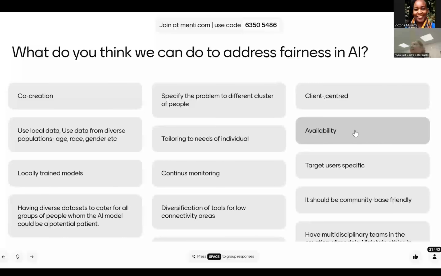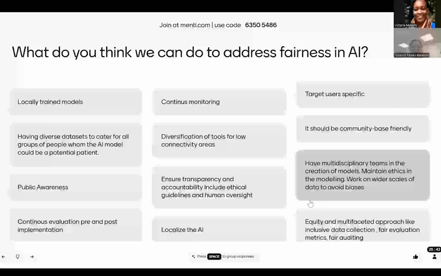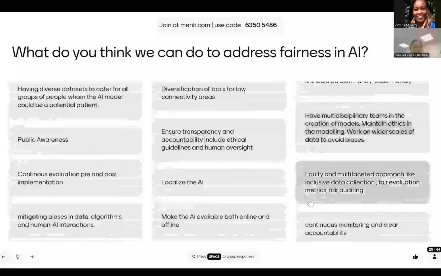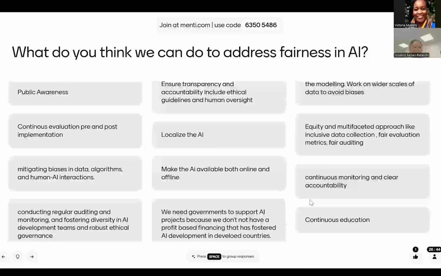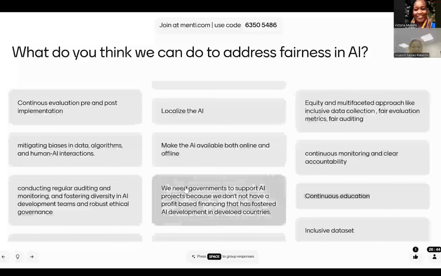I think probably availability of the tools. Responding to needs of the individual, specify the problem for different clusters of people. These are all excellent. Public awareness, transparency, localizing the AI, multidisciplinary teams, ethics in the modeling, continuous modeling and clear accountability. Governments to support AI projects because we don't have profit-based financing that's fostered AI development.